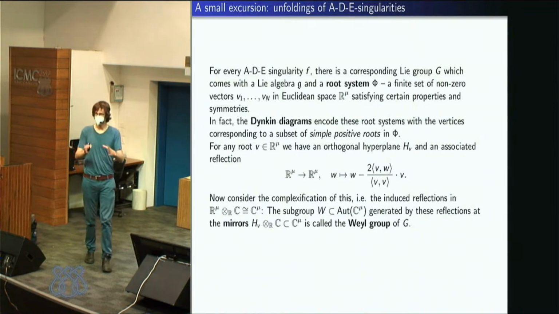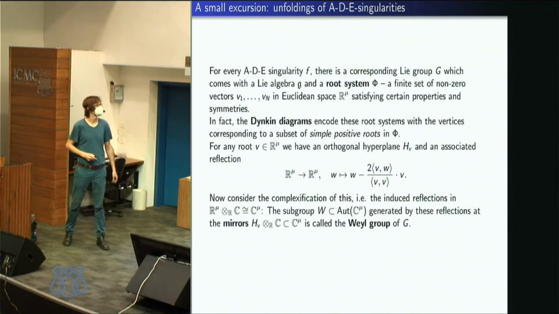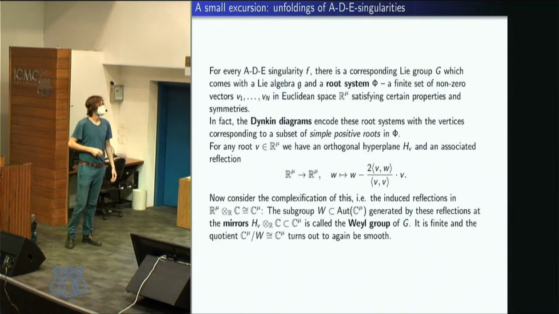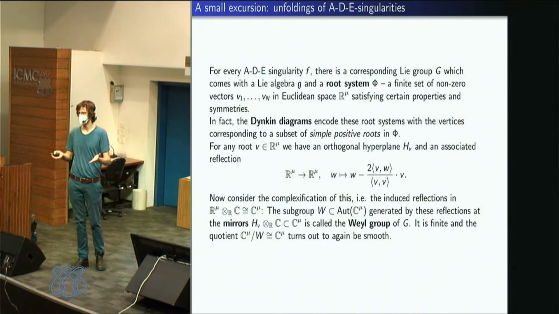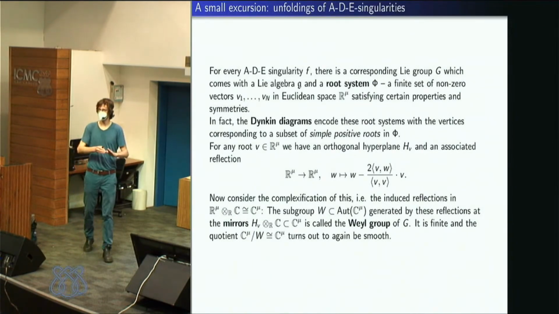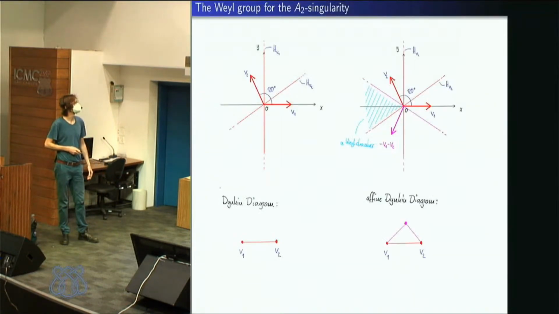And because of the symmetry properties of the roots that I did not write down here, you will obtain a finite group of these reflections. And you call this the Weyl group of G. And for any finite reflection group, it's a well-known theorem, but unfortunately I forgot the name. Maybe somebody can say this. If you have a finite reflection group, the quotient is again smooth. So you get a branched covering.